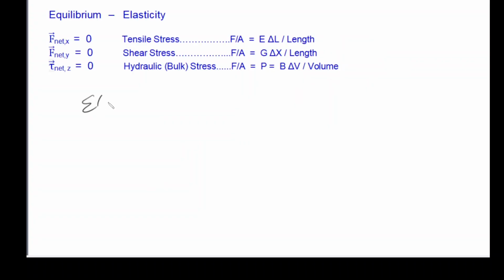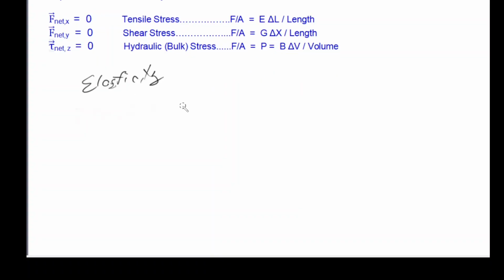Now let's look at elasticity. Elasticity describes how a body deforms when forces are applied to it. There are three ways for a body to deform. The first is through tensile stress, and that's where a body is stretched or compressed.